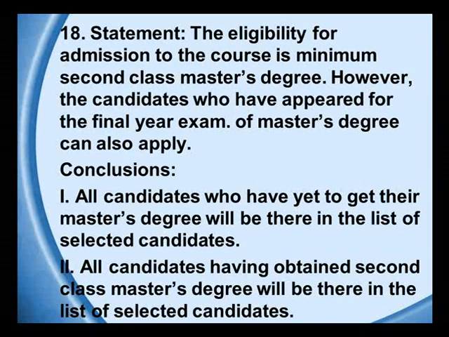What happens to the candidates who did not even apply for this particular course? So only those candidates who are willing to and who have applied for, their names are going to be there in the list of selected candidates. Answer again should be choice D, which is none of the two. Choice D, neither follows. Let's continue further.